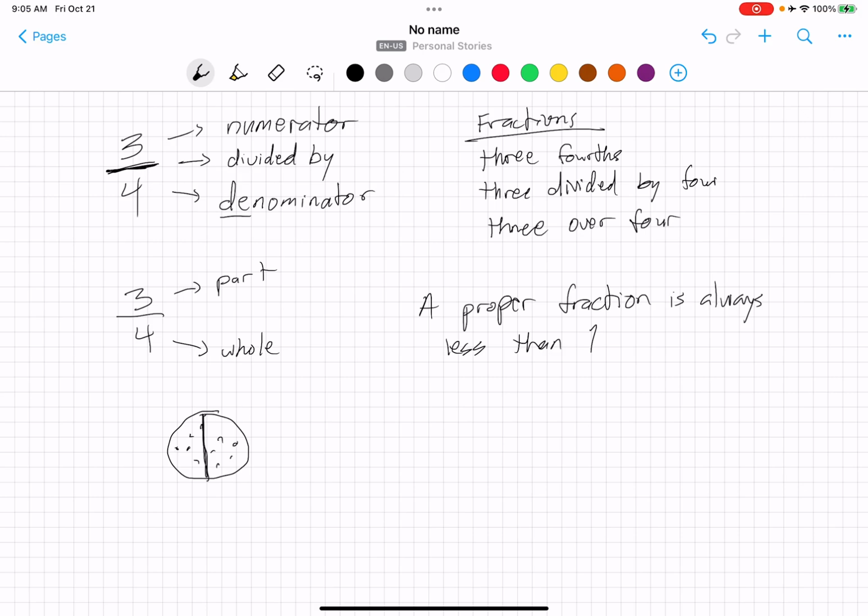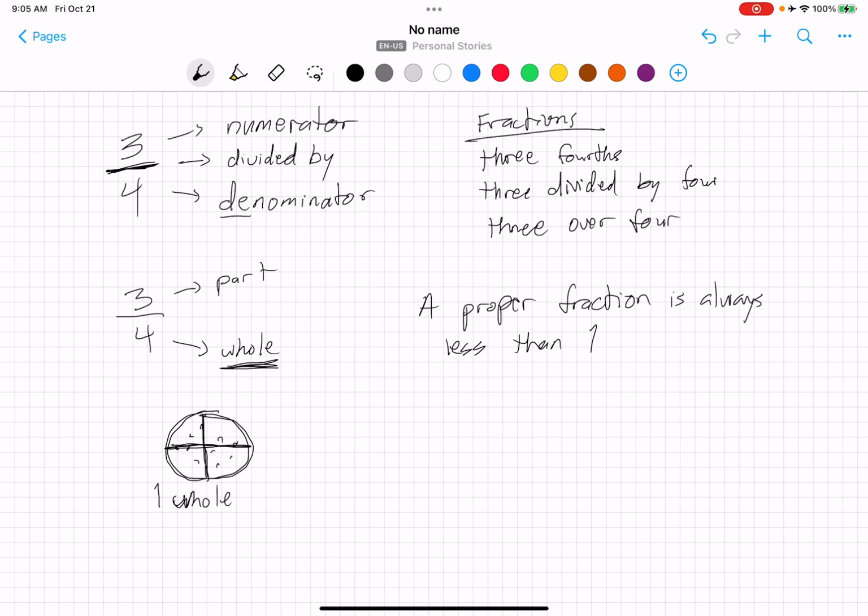Here, though, we have a fraction, and it is not in 2 pieces. It's actually in 4 pieces. And we know this because of the denominator. So the whole cookie represents one whole. And we've broken it into 4 pieces. All 4 pieces represent the whole cookie.